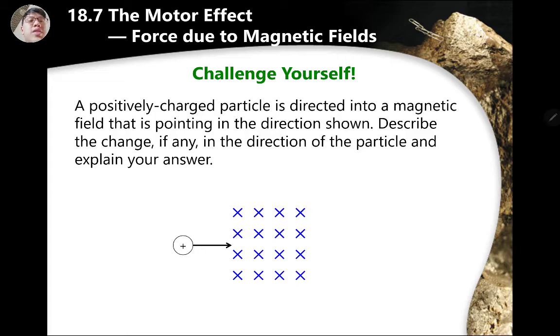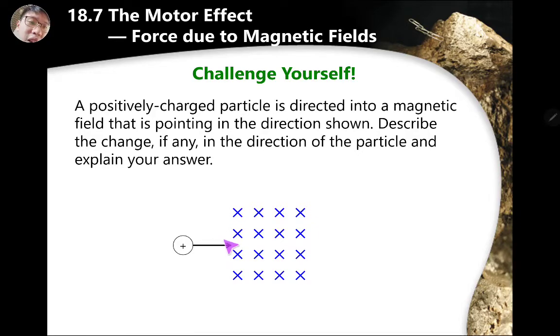So this requires you to put together what you've learned. If a positive charge is moving in, then which direction is your current? Remember, by convention, conventional current is the direction from positive to negative, or the direction where the positive charge will go. So if the positive charge is moving this way, that means the current is also this way.